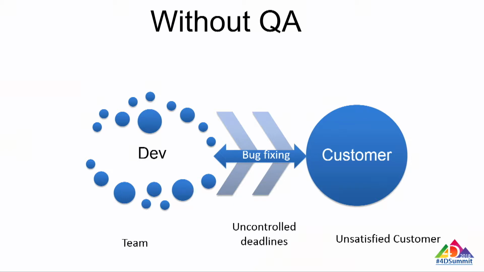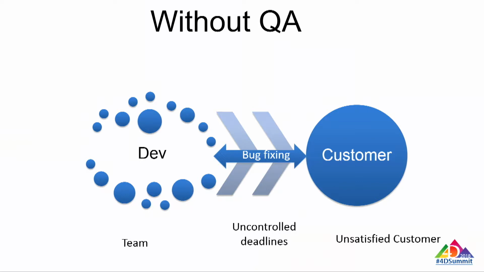So you as a developer or your development team are working on many features and developments, and of course you will have bugs in your development. And when you deliver, you can't find and detect all these bugs.